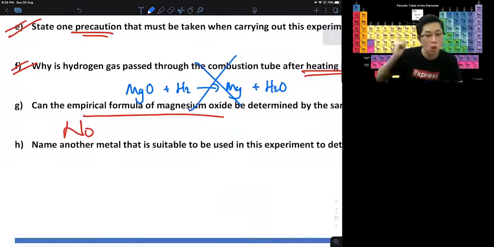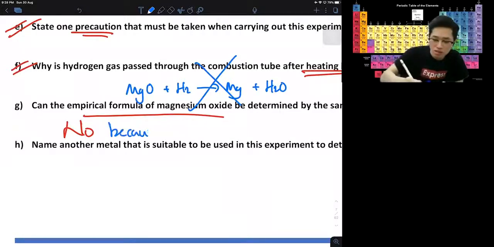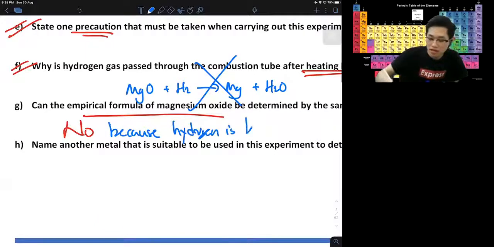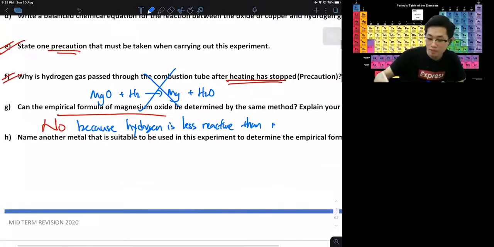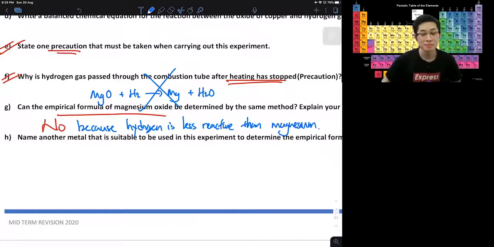The answer is no, because hydrogen is less reactive than magnesium. So no reaction will occur.